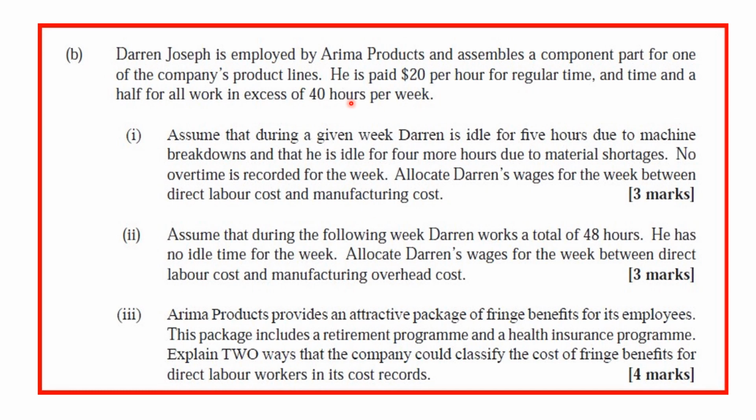Okay, now you have to know the rules for this here. Otherwise, you can't allocate or apportion anything here. The rules are simple. All the regular time, when work is done, you would pay at the regular rate per hour, and that would be direct labor.